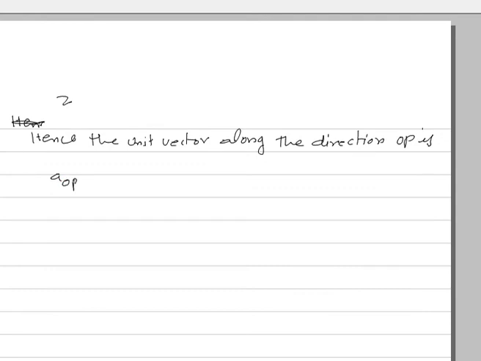Hence the unit vector along the direction OP is unit vector OP equal to vector OP upon its magnitude.